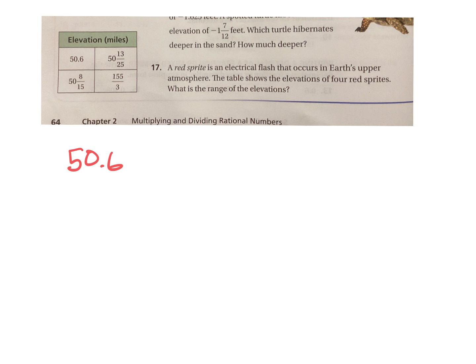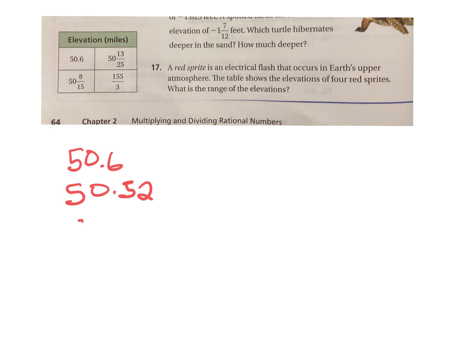So I have 50.6. And then if I take 13 divided by 25, that's going to be 50.52. Then we have 8 divided by 15. Oh, that is a repeating one. But I'm going to have it as a repeating just for a second.